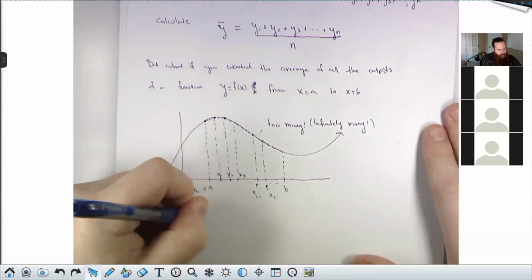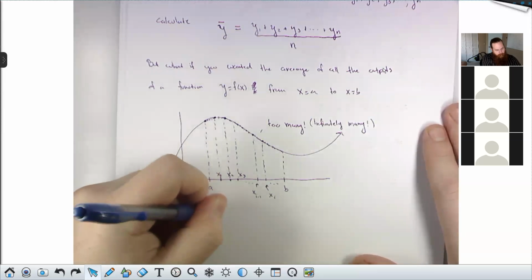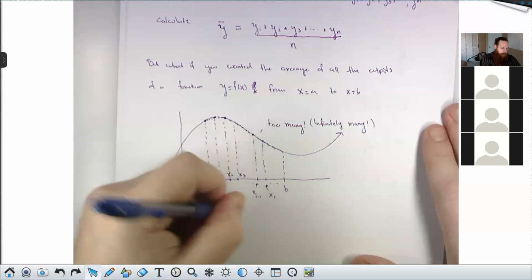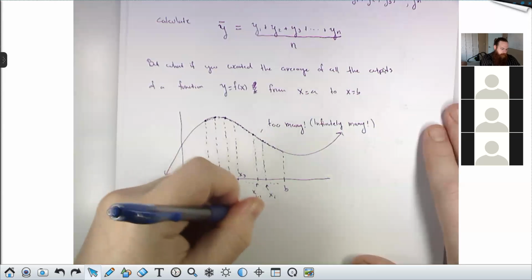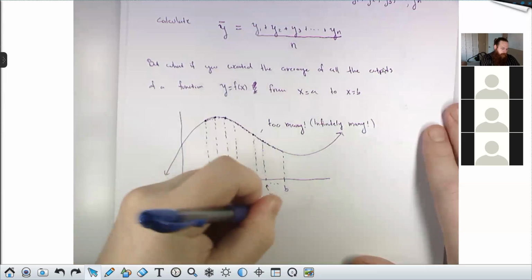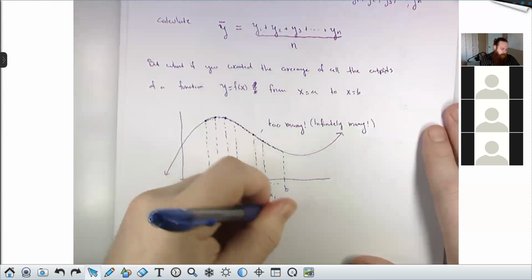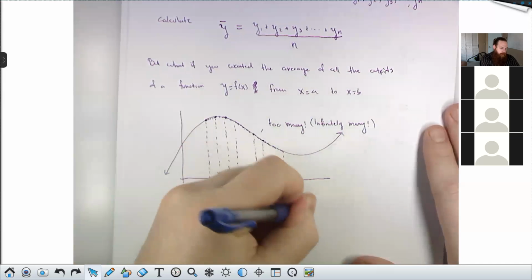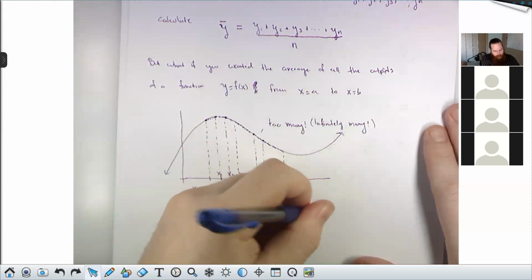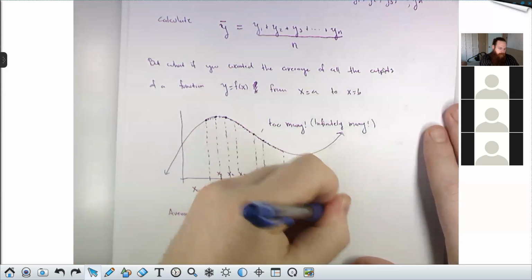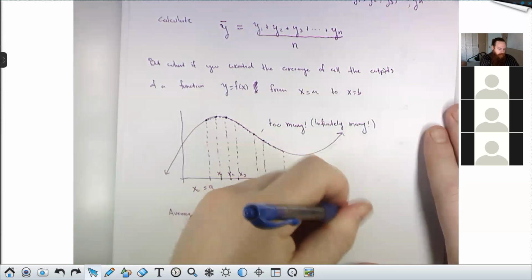is approximately f of x0 plus f of x1 plus f of x2. The middle here looks like f of x_{i-1} plus f of x_i.